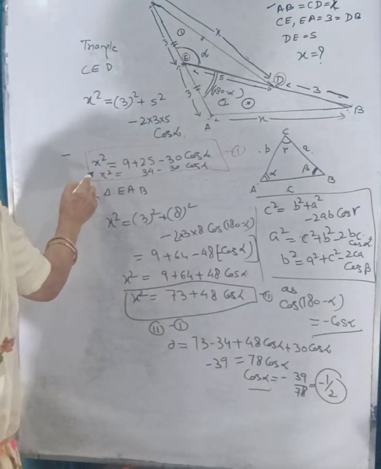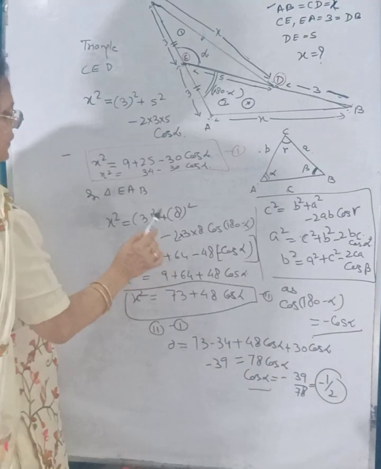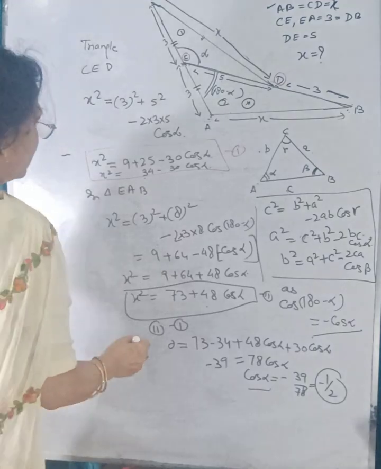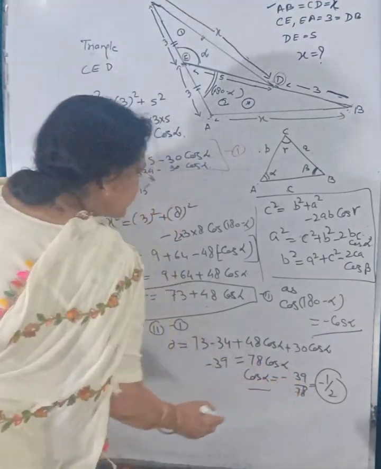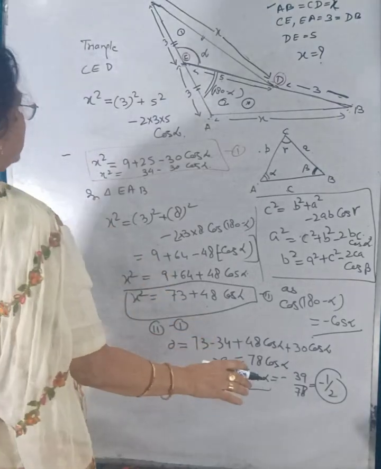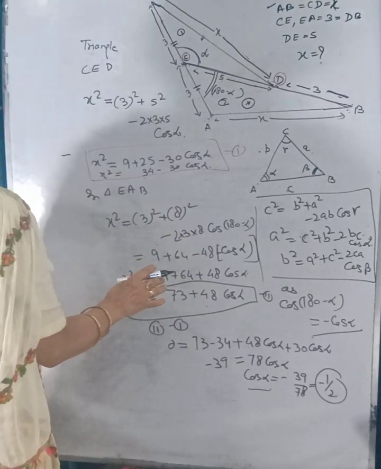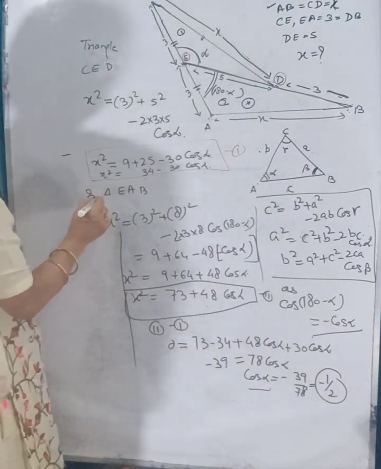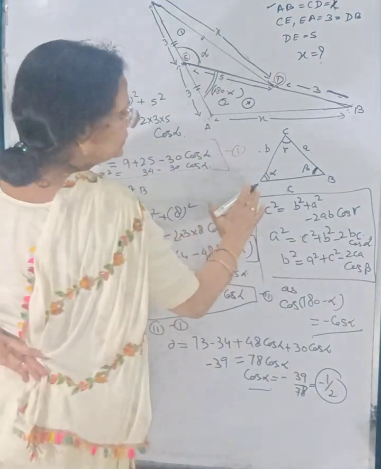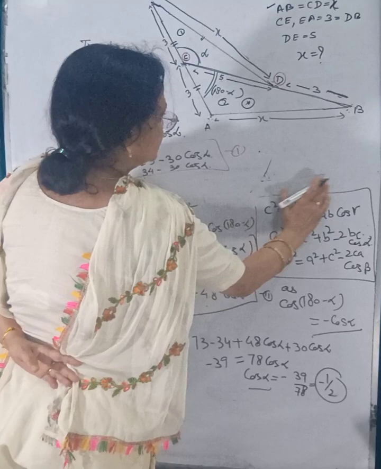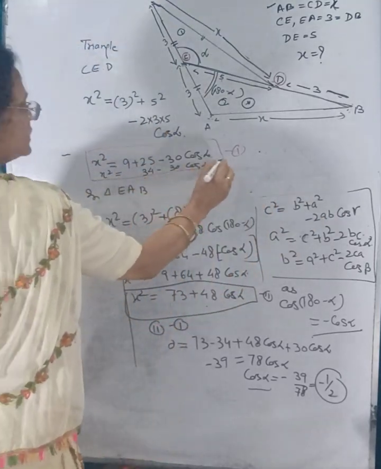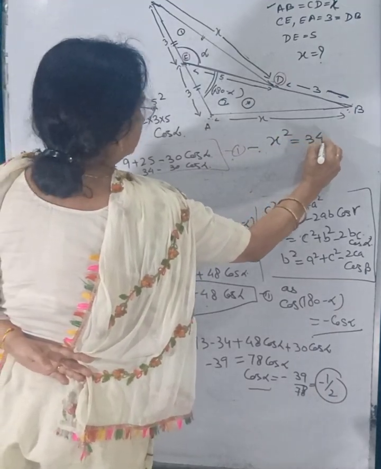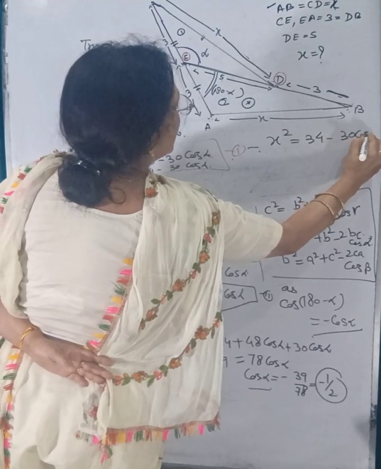Now we can find the value of x using this value in either of these equations, every value will be the same. Putting cos of alpha equal to minus 1 by 2 in equation number 1, x square was equal to 34 minus 30 cos of alpha.